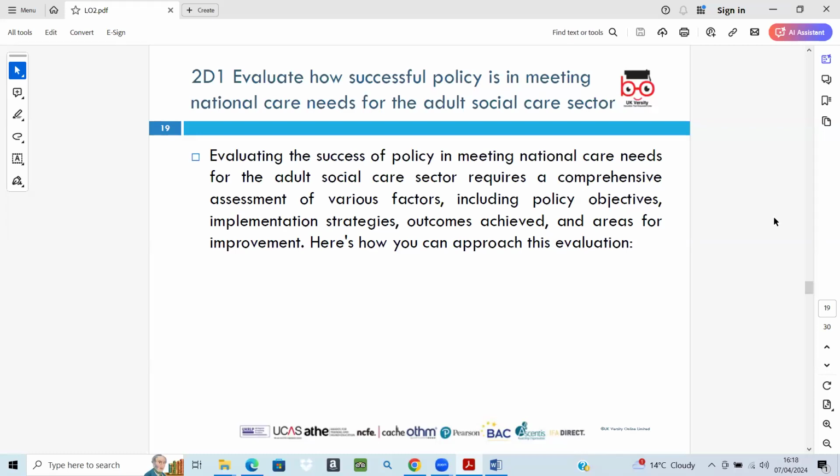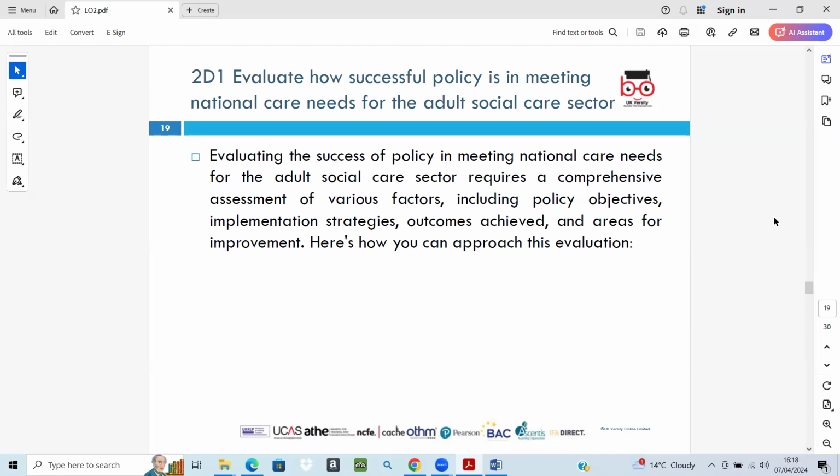And we always evaluate the alignment of policy objectives with the broader goals of the healthcare and social service system, such as promoting public health, ensuring equality, equity, and supporting vulnerable populations. We always look for that.